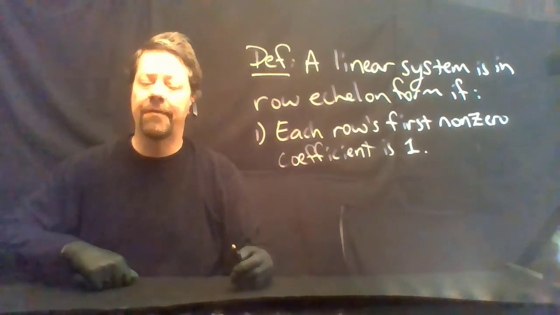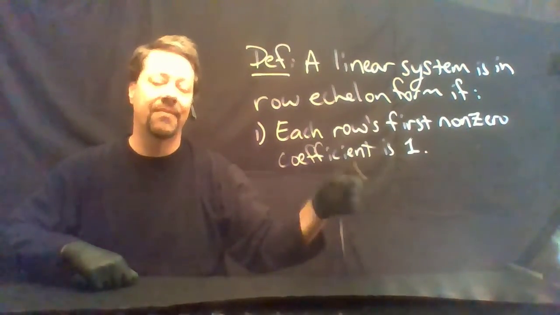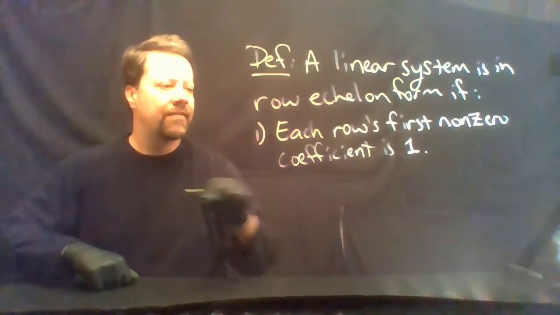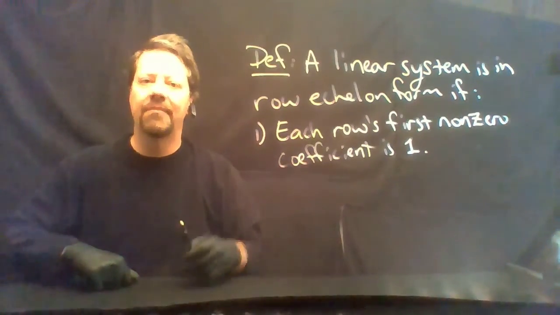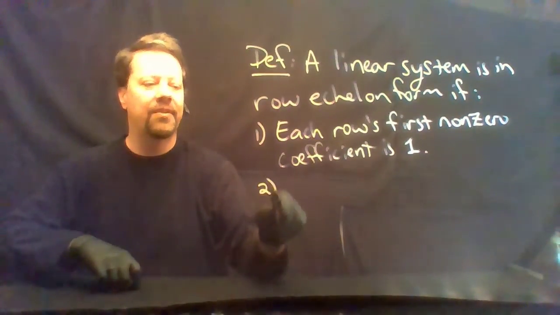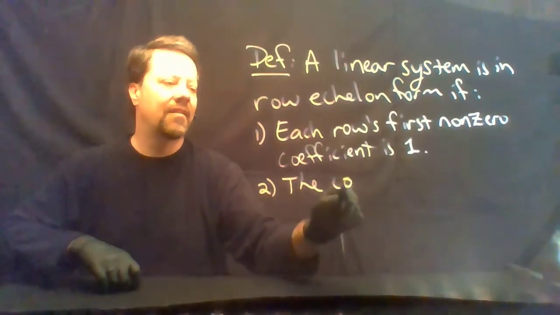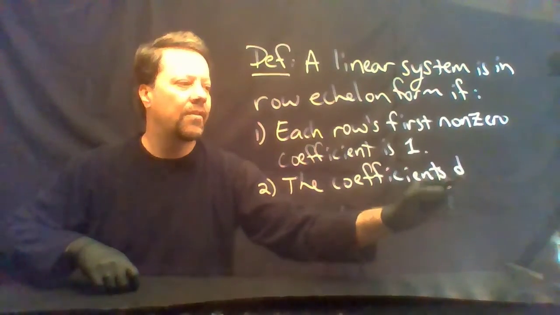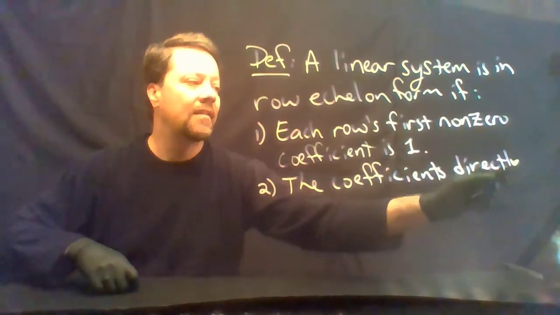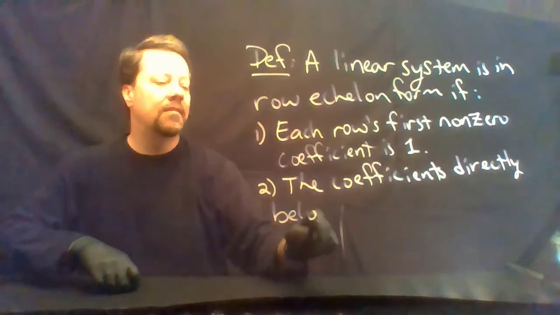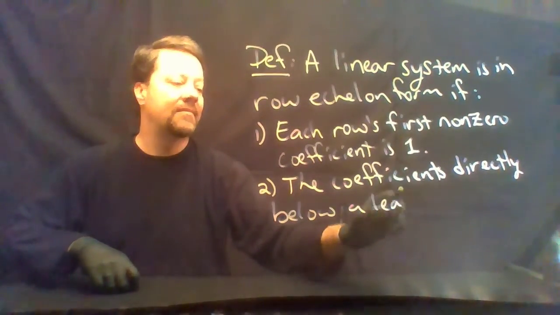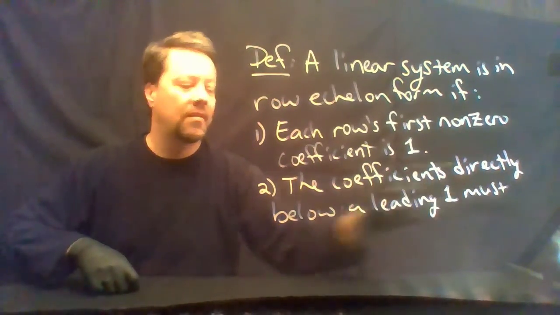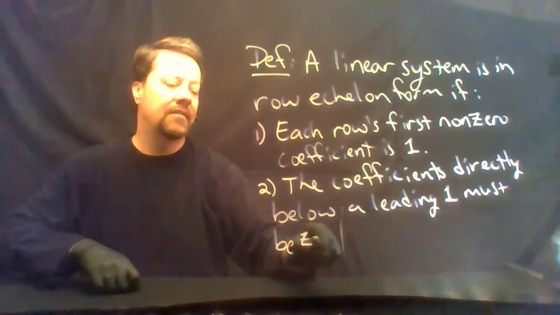It is possible for a row to consist entirely of zeros. That's okay. But if it has a non-zero entry, the first one on the left must be a 1. Second, the coefficients directly below a leading one must be 0.